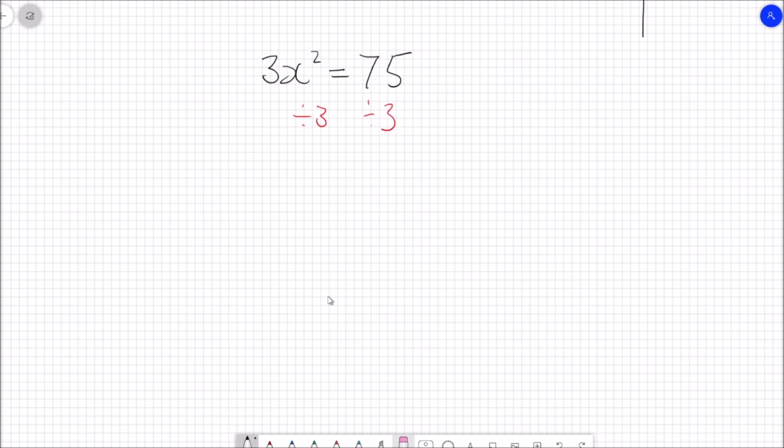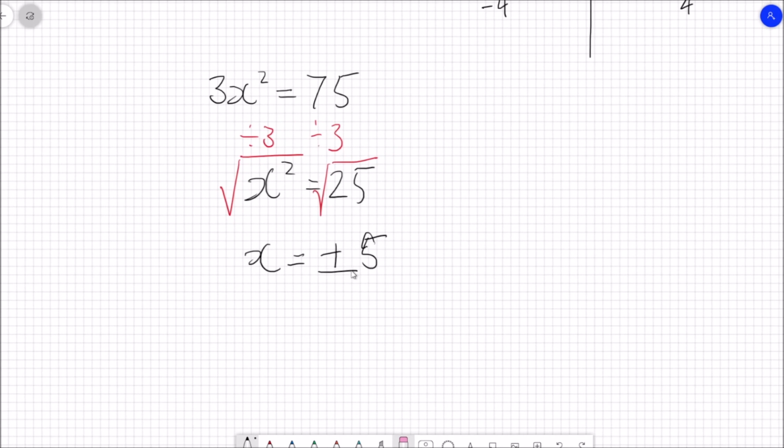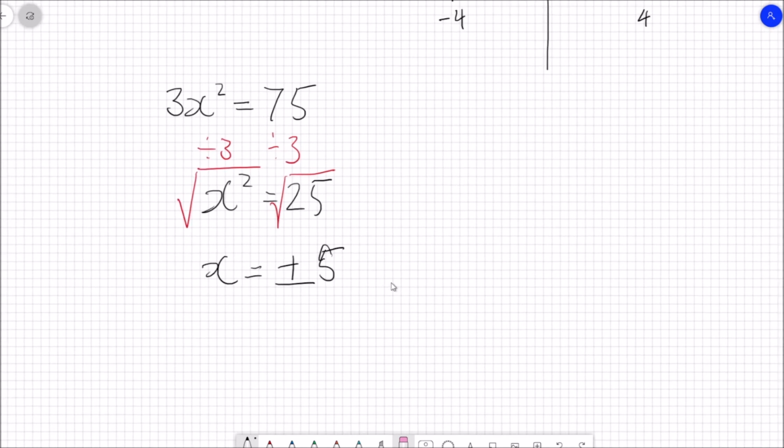We end up with x squared = 25. And then, of course, we take the square root of both sides, and we end up with x = positive or negative 5. So that is our solution, because of course negative 5 squared is also 25.